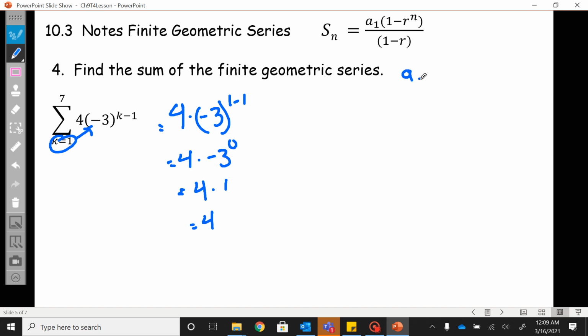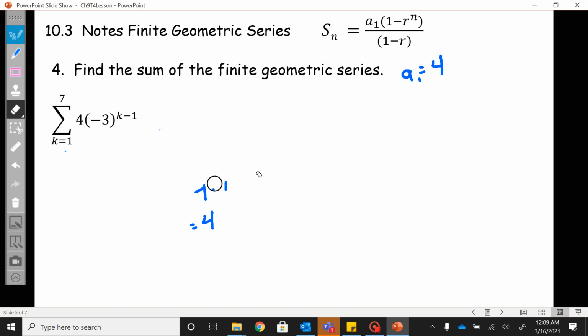So the first term is 4. The ratio is right here, negative 3. The number of terms you find the same way as before. You subtract these and add 1. So 7 minus 1 plus 1, which is 7.